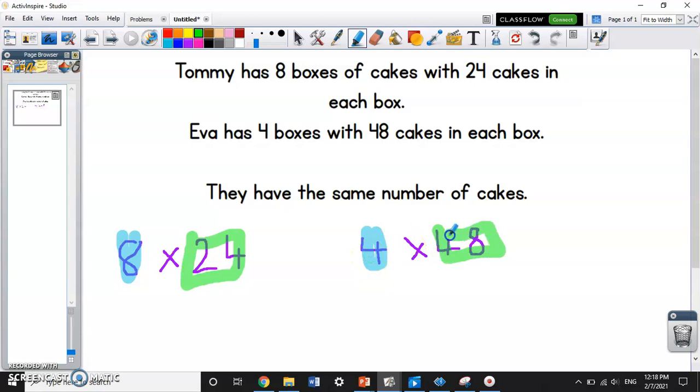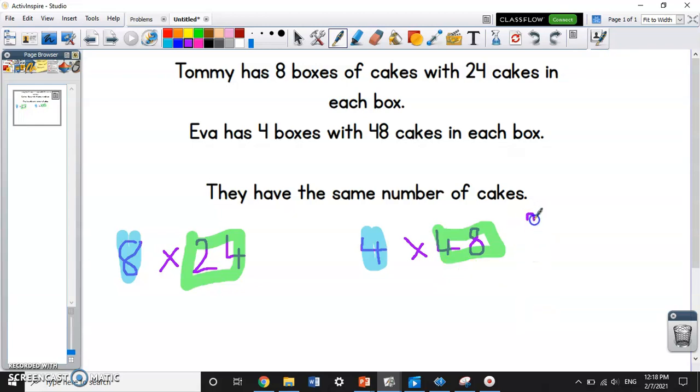She's making 48. So I don't actually need to work this one out this time because there's some things I already know. Because I've halved the number of boxes, but I've doubled the quantity of cakes, I know my answer is going to be the same. You can double check this if you would like to using short multiplication.